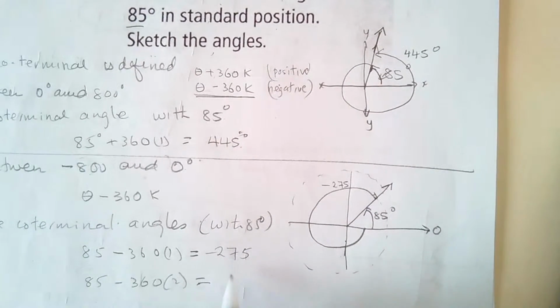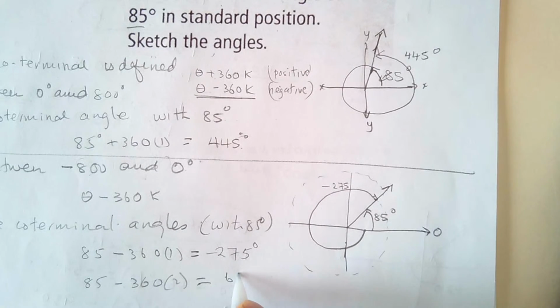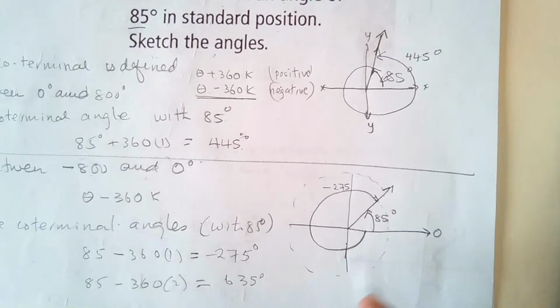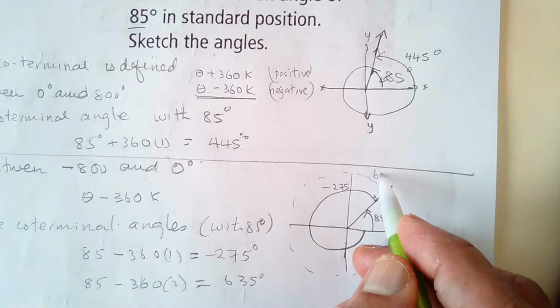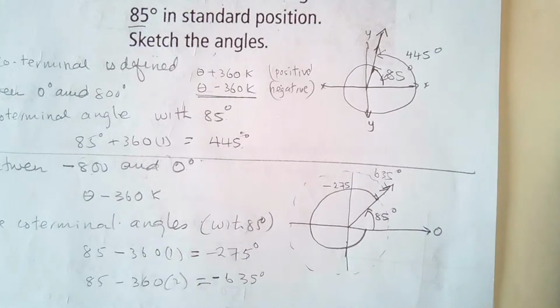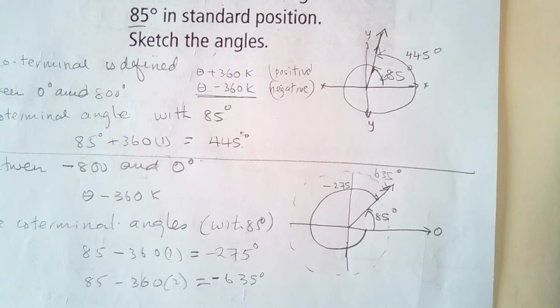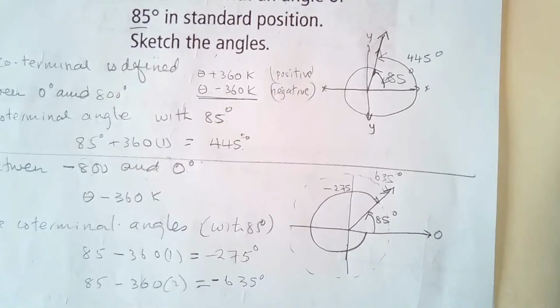So it's not less than negative 800. If you were to continue this here, this would be negative 635 degrees. So we'll have to stop there, because if you were to go any further, it would be beyond negative 800.